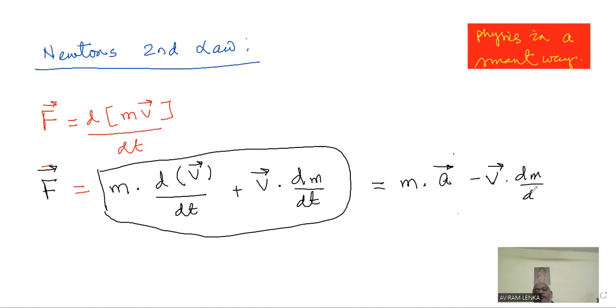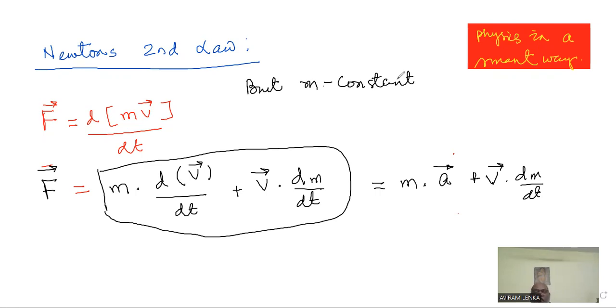The second term becomes meaningful when the masses are variable. But here we put in a condition which holds in 90% of our questions: the mass is constant, mass doesn't change.